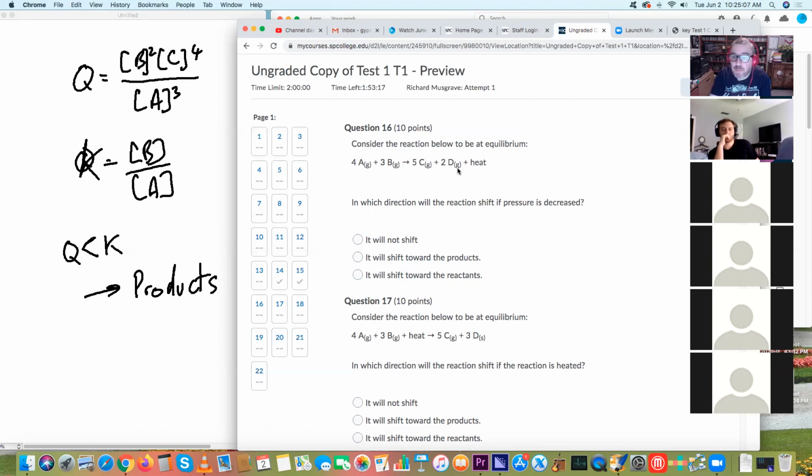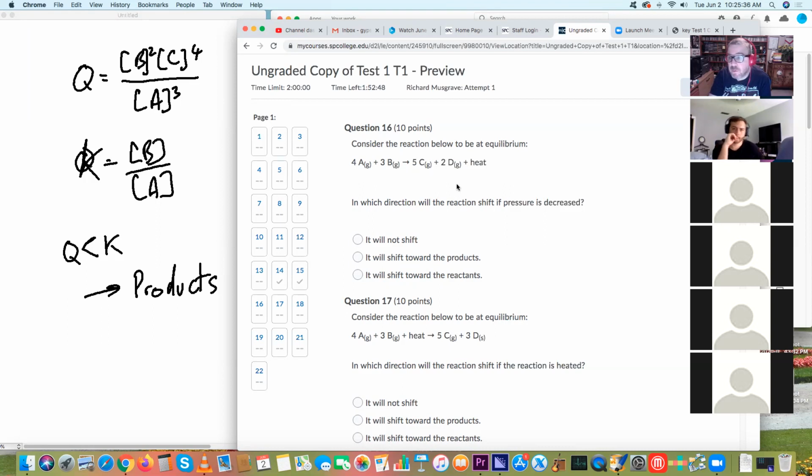So I want you to be very mindful of these states, because this whole pressure-volume thing only applies when we're dealing with gas molecules and no other time. Any questions? Only when we're talking about pressure and volume, you know, increasing pressure, decreasing volume, which specifically really only is for this question anyway.